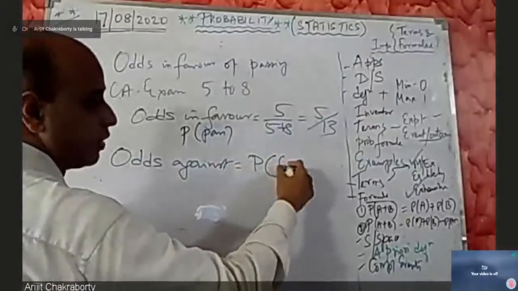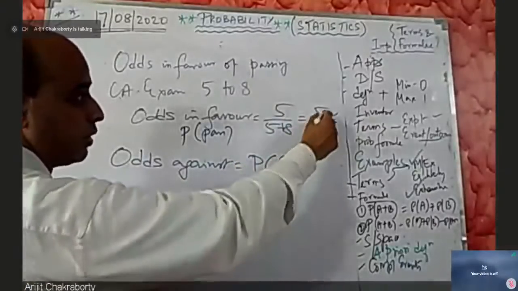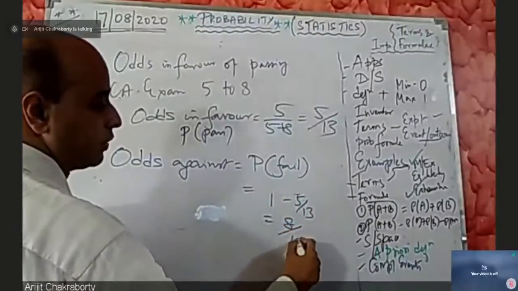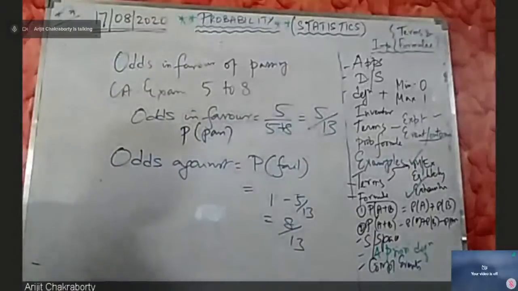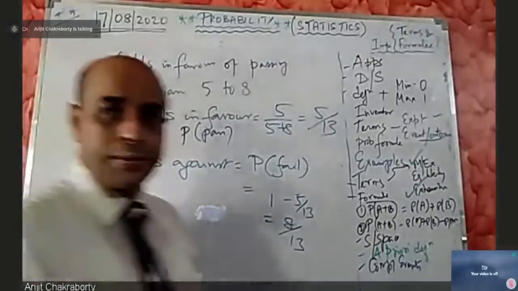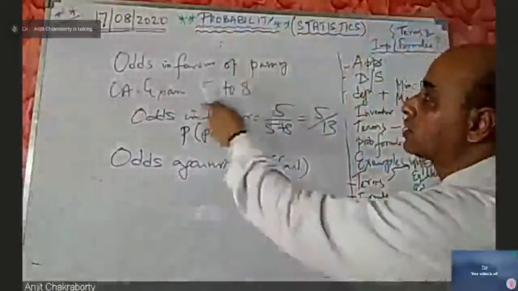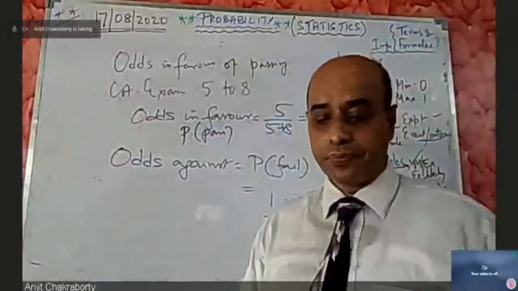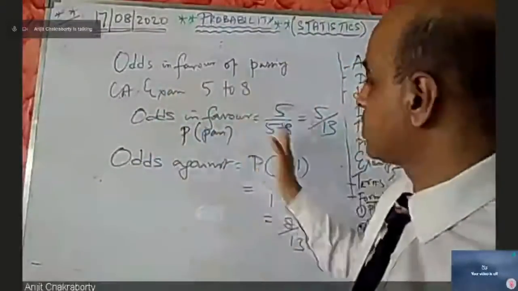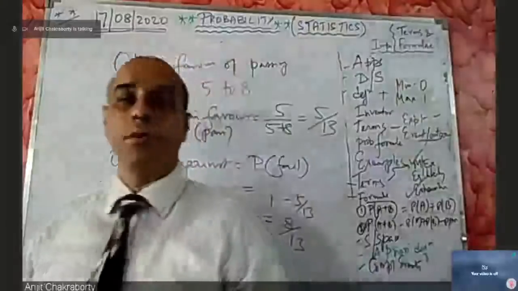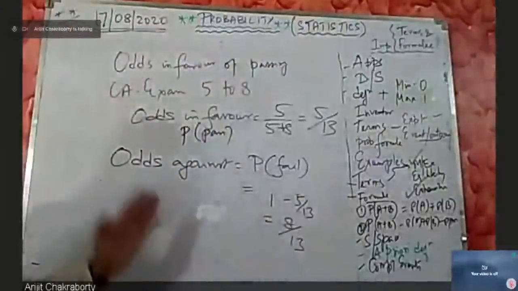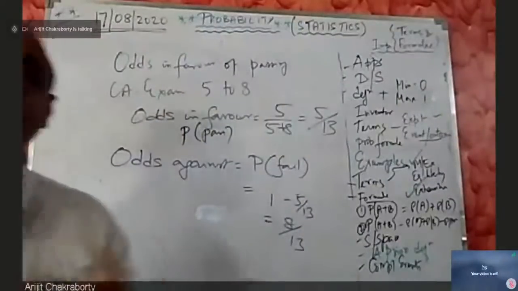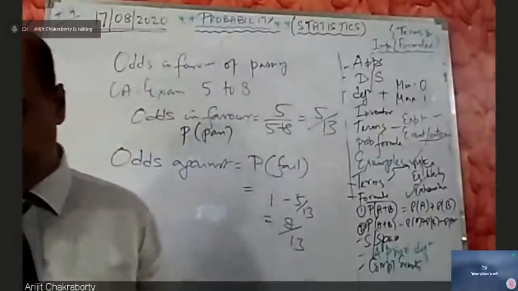Probability of fail will be 1 minus 5 by 13, that is 8 by 13. So this is what is called odds in favor of an event and odds against an event. If you get such a problem, this is how you find the probability of the event occurring and the probability that the event does not occur, that means the complementary event has taken place.